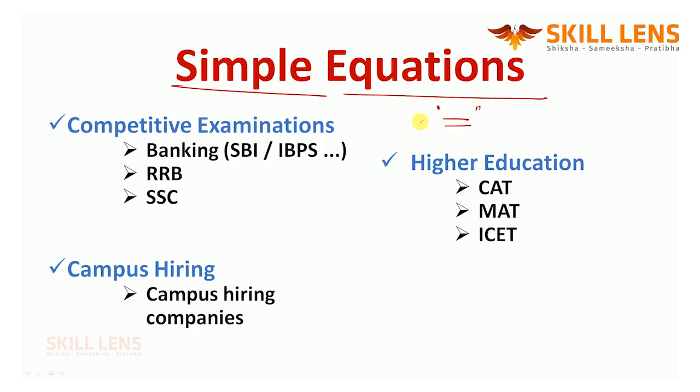Any open sentence, A is equals to B. I can say 2x plus 5 is equals to 7, and this is an equation. But 2x plus 5 alone is not an equation. Whatever the number may be, the clear concept is this: any open sentence which contains an equality sign, only then do we call it an equation.